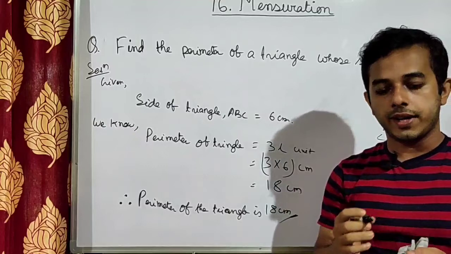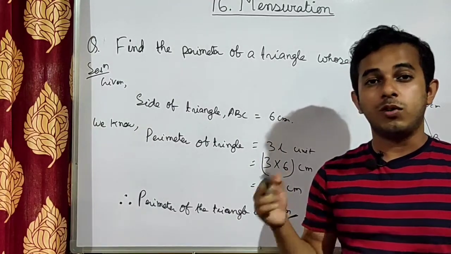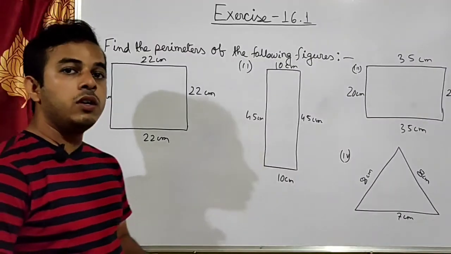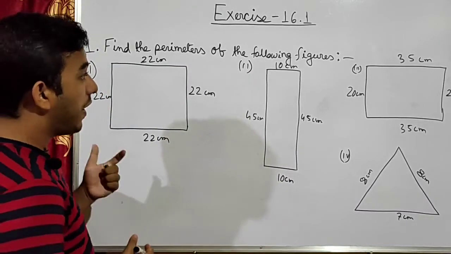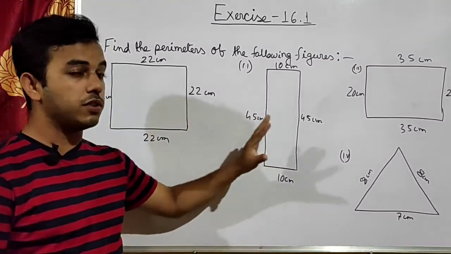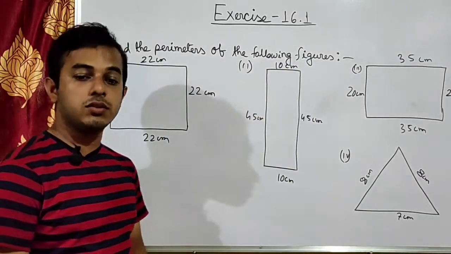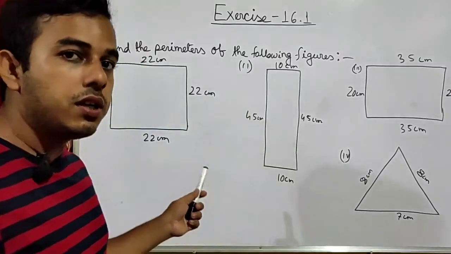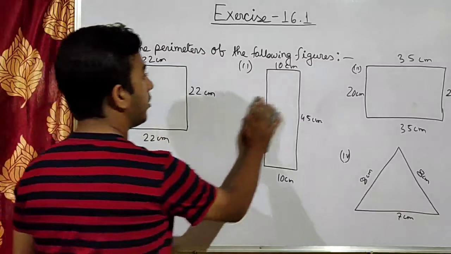Now let's start our exercise, that is exercise 16.1, and we'll solve more interesting problems here. So here is our first question of exercise 16.1. Here the question is, find the perimeters of the following figures. First one is square, then rectangle, then triangle. So we have already found out the perimeters of such figures, right? So let us start with number 1, that is square.